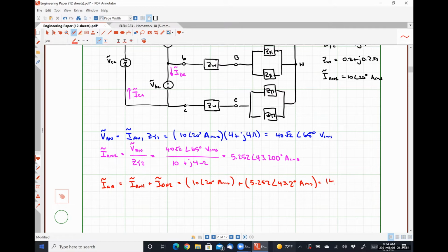I get to be 14.971 with an angle of 27.943.